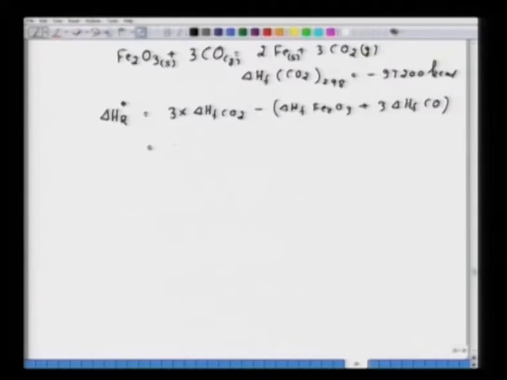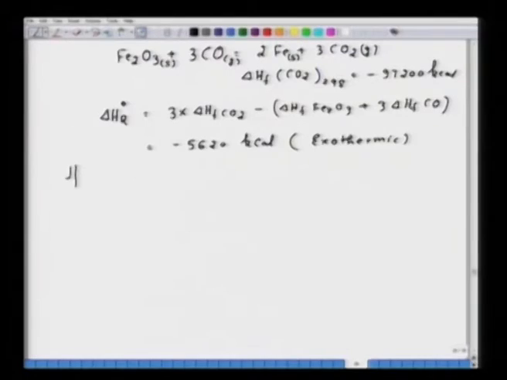So, if you just substitute the values, then you will be getting minus 5,620 kilocalorie. Now, remember, this reaction is exothermic. So, that is how you will be calculating the so called heat of reaction at 298 Kelvin. Now, the heat of reaction also depends on the reaction temperature.